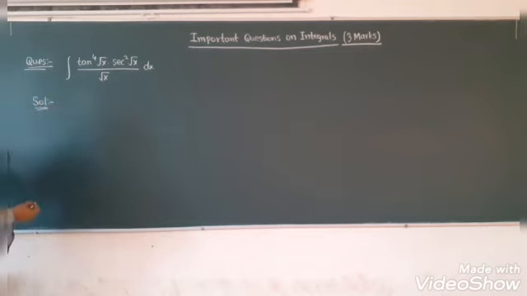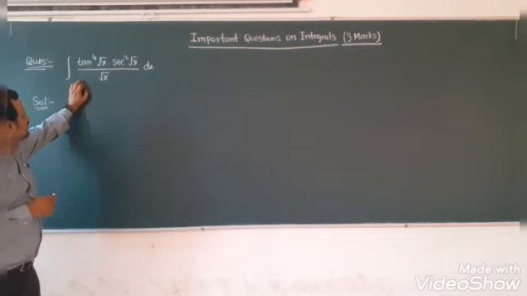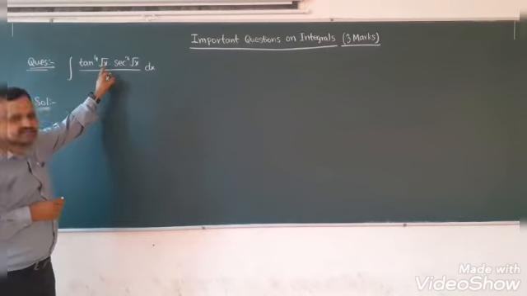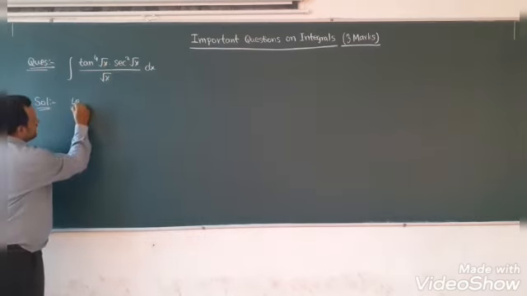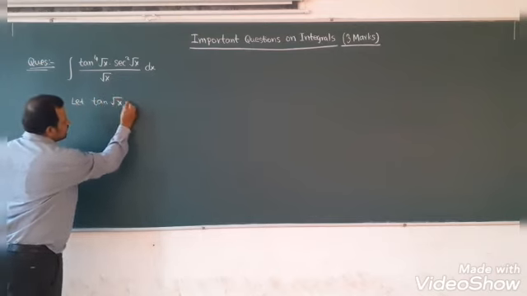So what we can do here is we have to identify differentiation of what is present in the question. If I take tan, secant square is here, root x, differentiation is 1 by 2 root x. So here we can say let tan root x is equal to t.